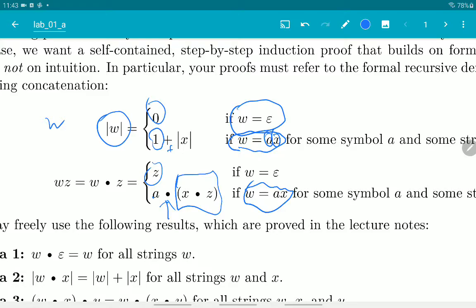So this definition makes sense. It makes progress. If you think about it as a recursive algorithm, it indeed would bottom out.